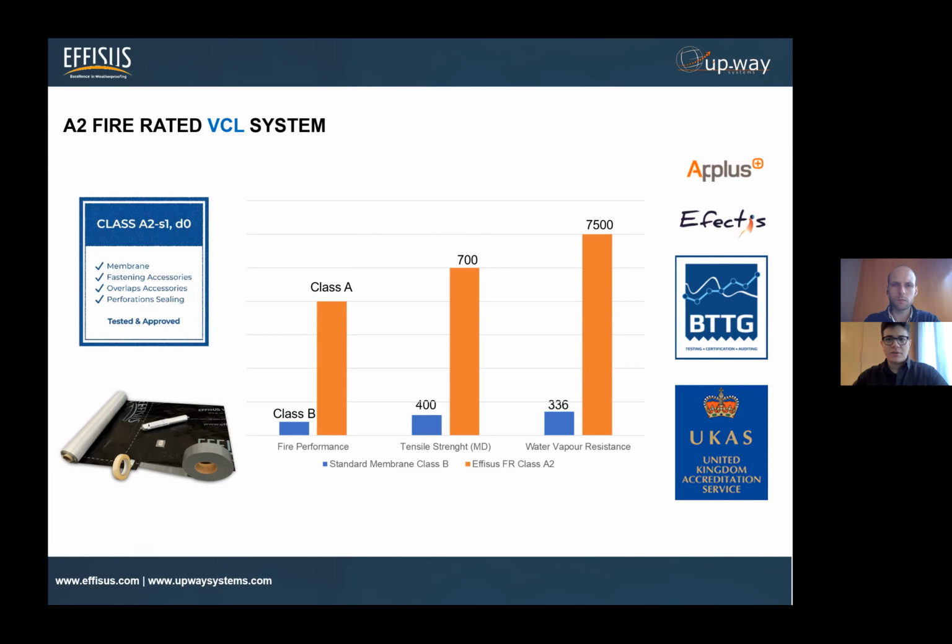The accessories for fastening, which include the tape and the paste adhesive itself, we went for testing again and achieved the same fire reaction classification. So this is something completely different from the standard market.